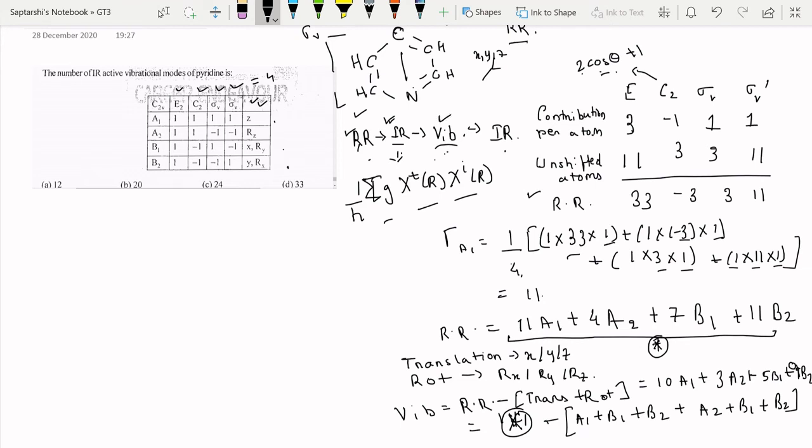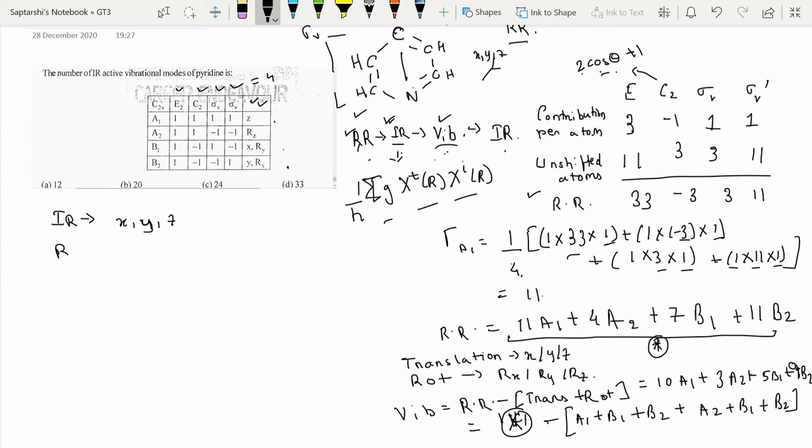So now we have to find out the IR. Now again listen to this concept carefully. For IR, active modes are the ones which have X, Y or Z along it.